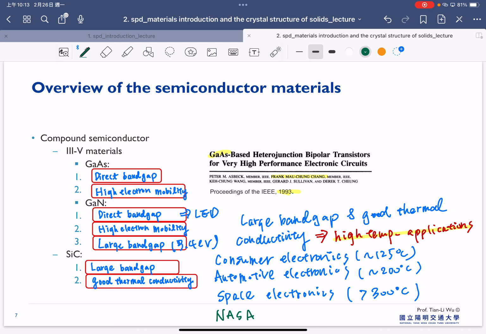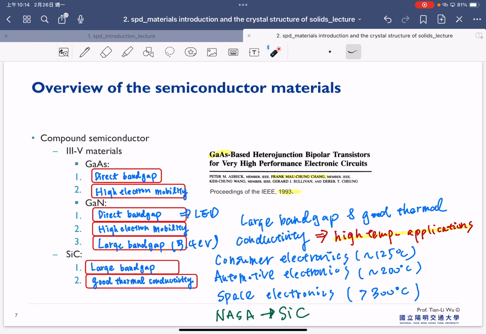They very clearly mention that they use silicon carbide material for all of the space technology inside NASA's spaceships, space exploration, and so on. This is because silicon carbide has good properties in terms of band gap and thermal conductivity.